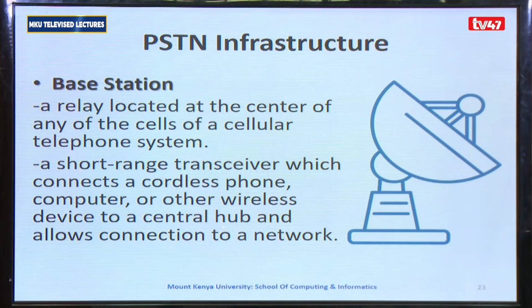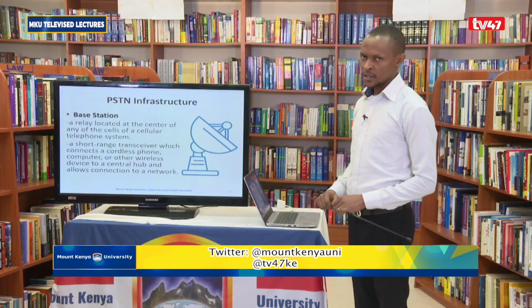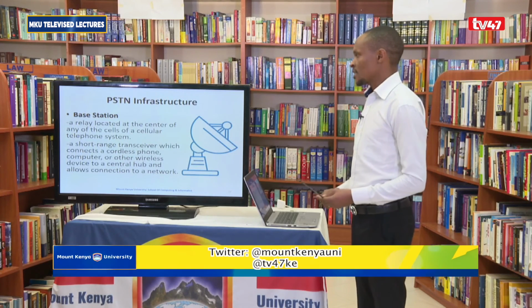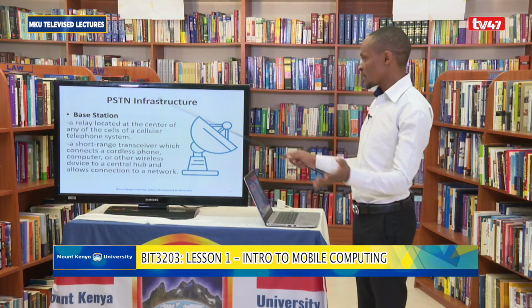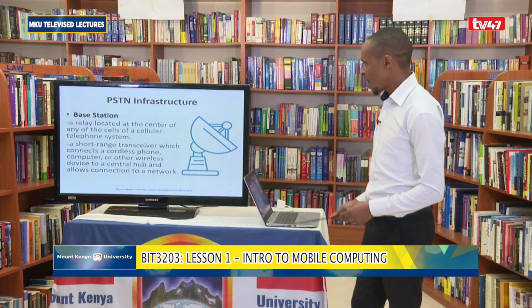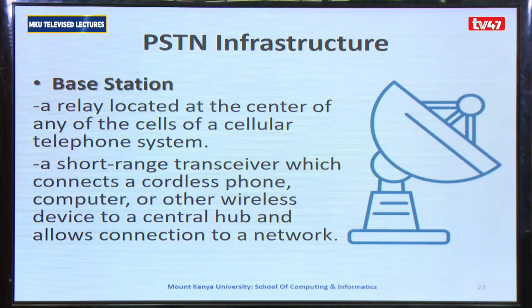That brings us to define what a base station is, which is used to facilitate communication within a cell, or within an irregular space of a geographical area. A base station is a relay located at the center of any of the cells of a cellular telephone system. It is a short-range transceiver.